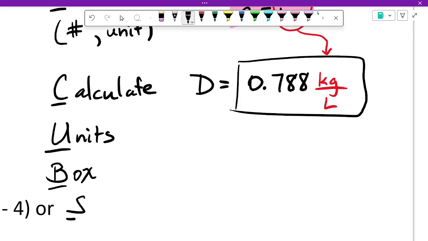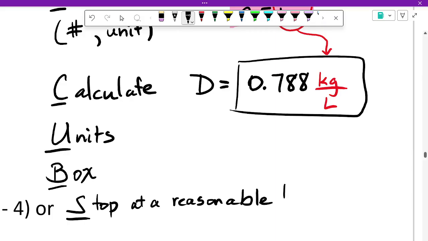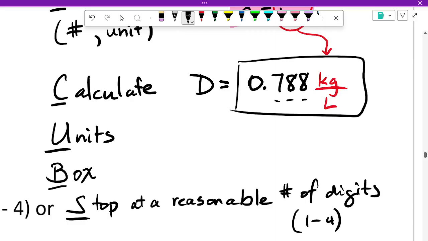What does our S stand for? Stop at a reasonable number of digits. Is 1, 2, 3 a reasonable number of digits? Yeah. Anywhere between 1 to 4 is reasonable. Okay? And that's 3 digits, so that's good.